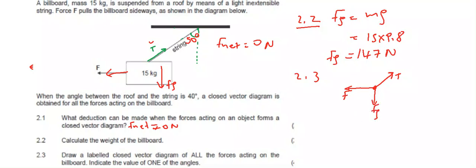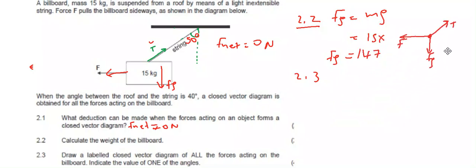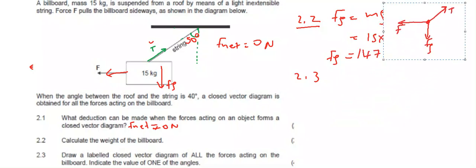But the question says, draw the closed vector diagram. Now let's draw the closed vector diagram. The closed vector diagram is drawn from a free body diagram. We combine the forces to make a triangle.